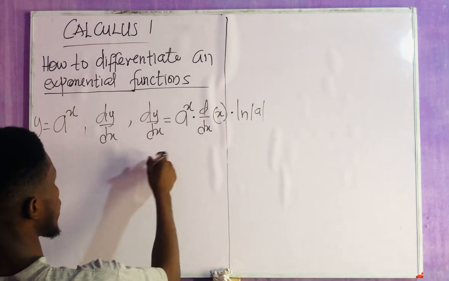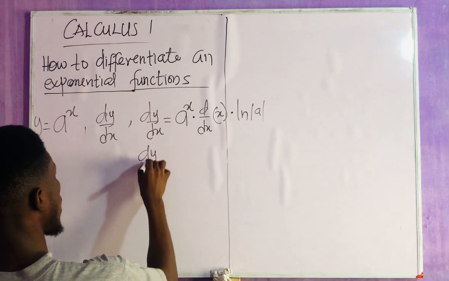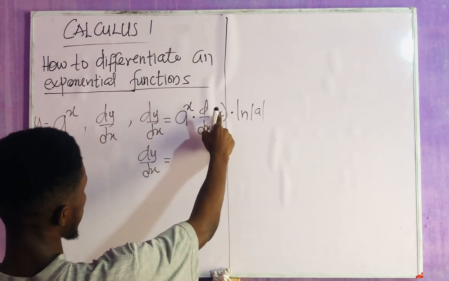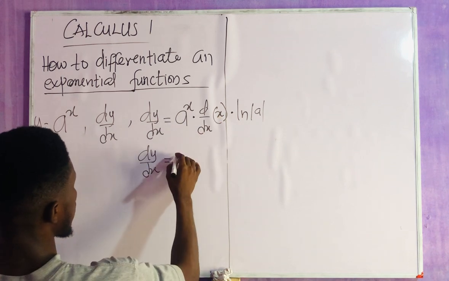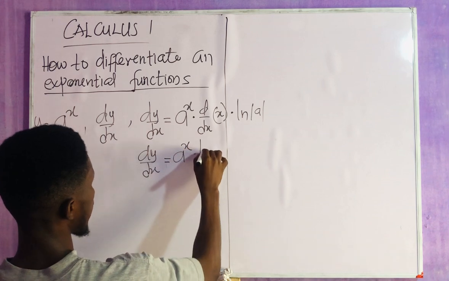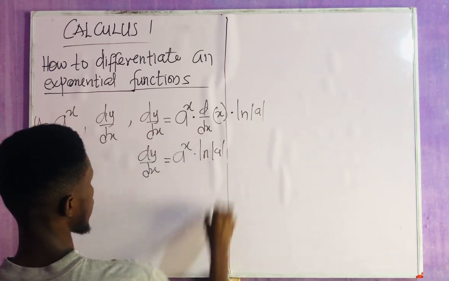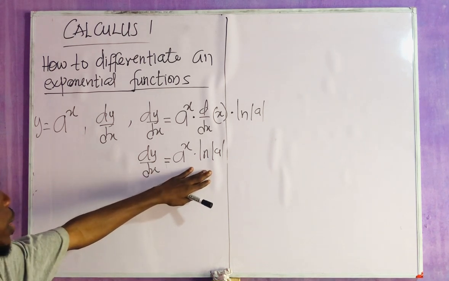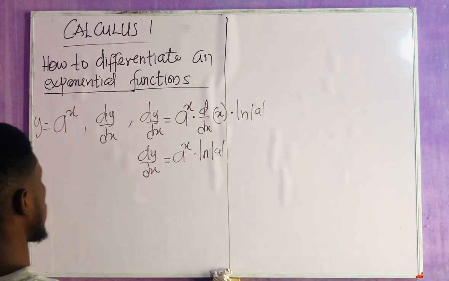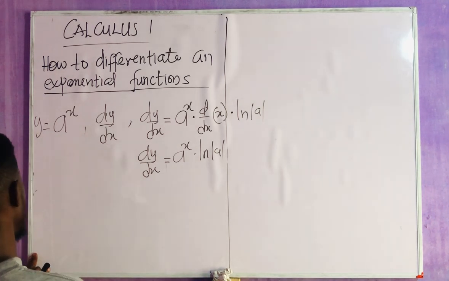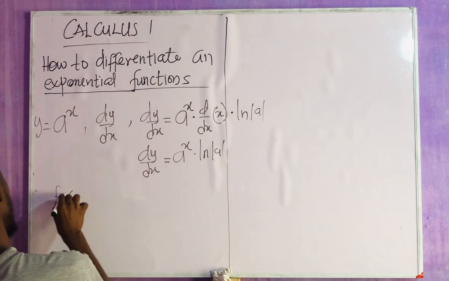So looking at this, the differential of x will be 1. So that will give you a to the power x multiplied by ln a. So that's how we differentiate an exponential function.